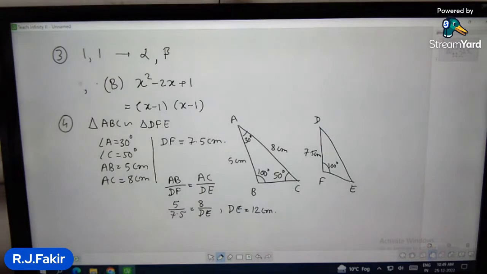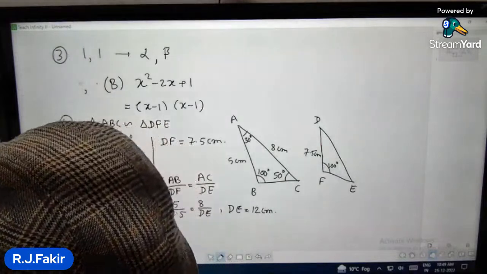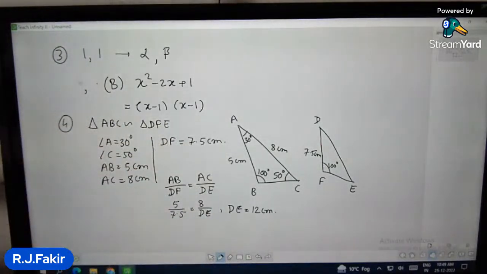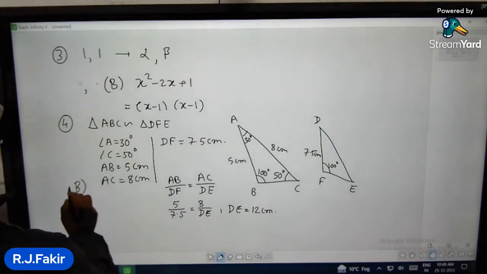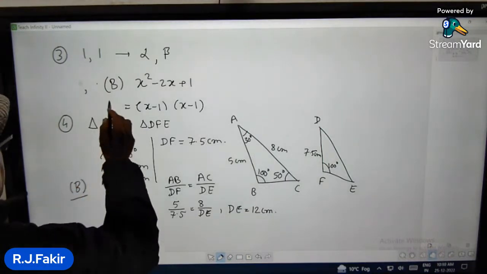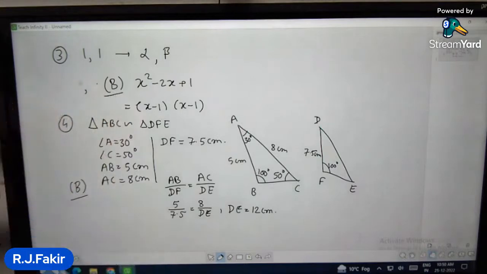Now, the question is the true statement we have to find. Now you can find from this one the true statement is B option. For third also it was B.